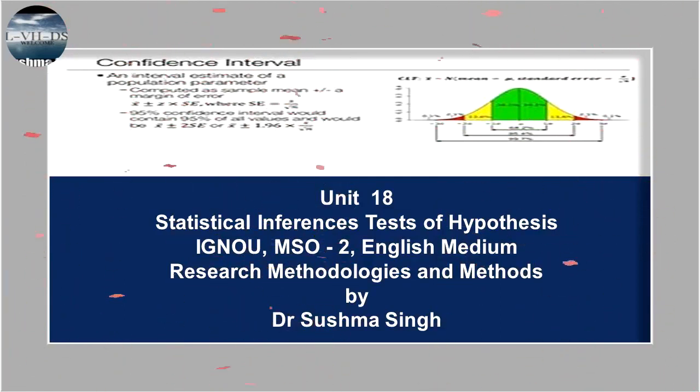The second one is to test the difference between the means of the two independent samples. This test is used when the researcher is interested in examining whether the respective means of two independent samples differ significantly from each other. Now the next is to test the difference between the means of two dependent samples.